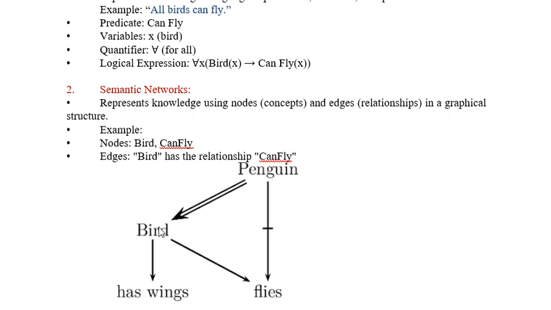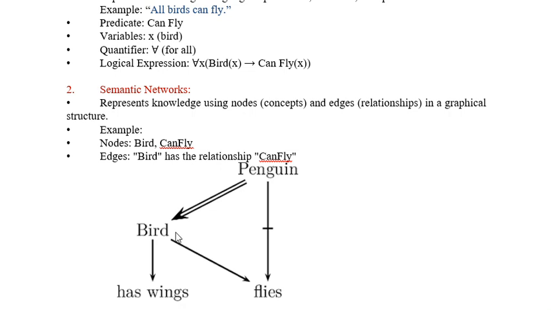What is the relation between bird and flies? Bird can fly, yes or no? So all birds can fly. That is the relationship. Bird and flies have the relation can fly. So the relation between these two nodes is can fly.